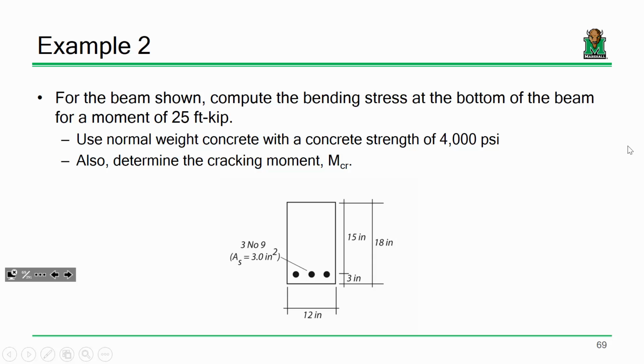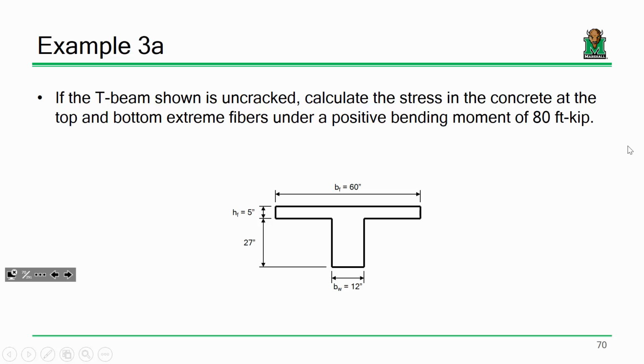Now, if you've got a problem like this, which is just a rectangular beam, then the moment of inertia and the extreme fiber distance are really simple because the I is just b h cubed over 12 and your centroid is just halfway up. That's it. It's simple. When you've got a problem like this, the moment of inertia and the centroid are not as easy to find.